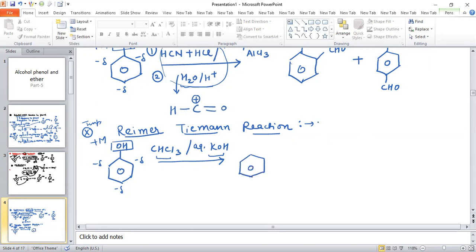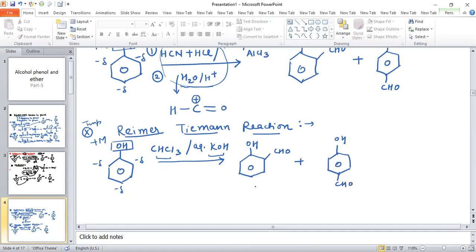We will discuss the mechanism of this reaction also, because this is an important reaction. So at the ortho position, again an aldehyde group will be introduced, and also at the para position the aldehyde group can be introduced.